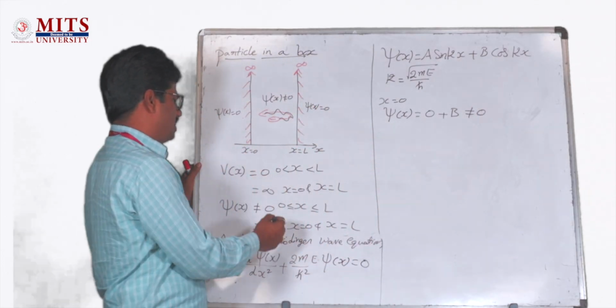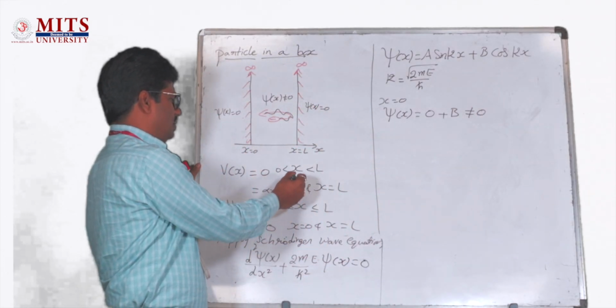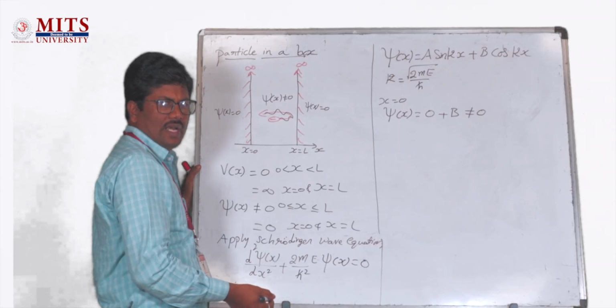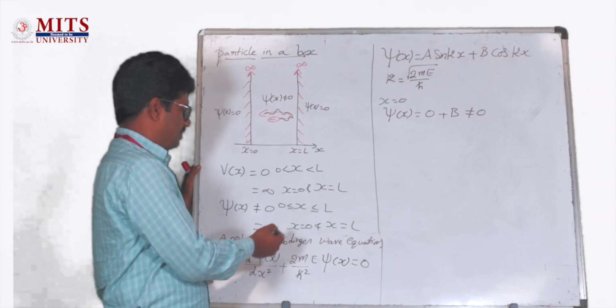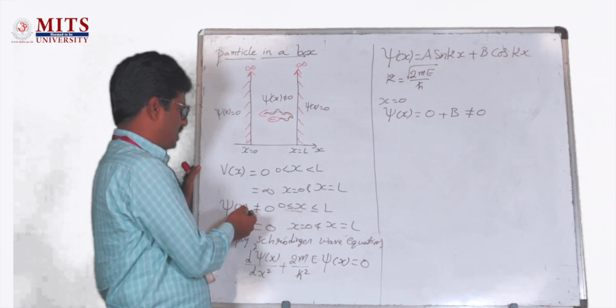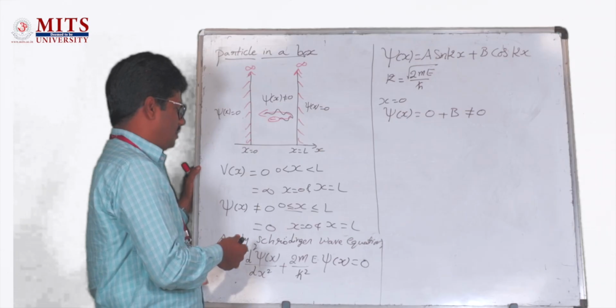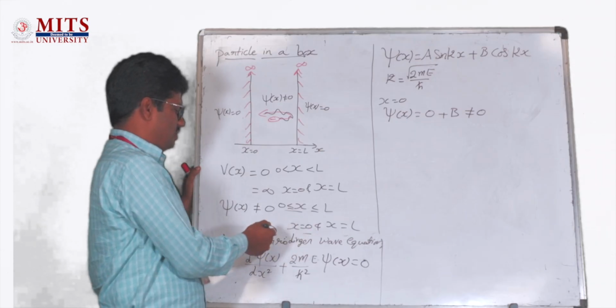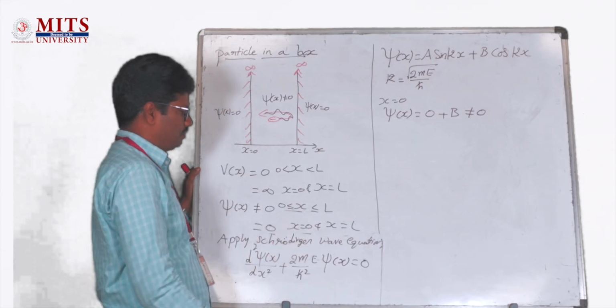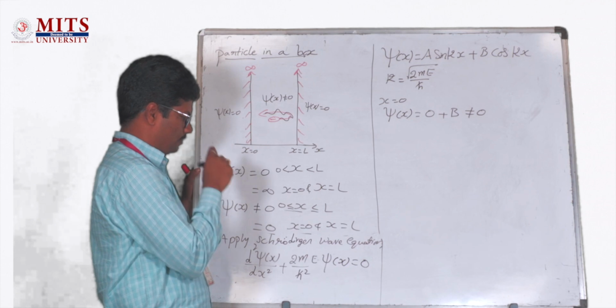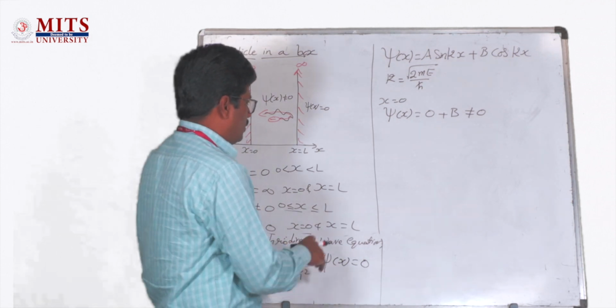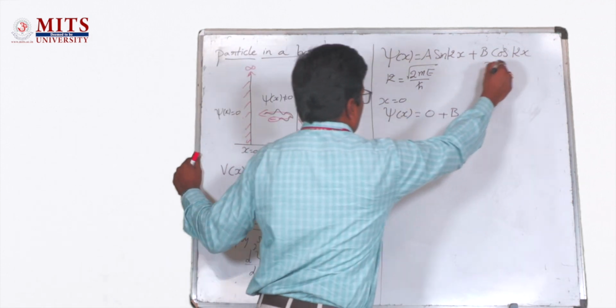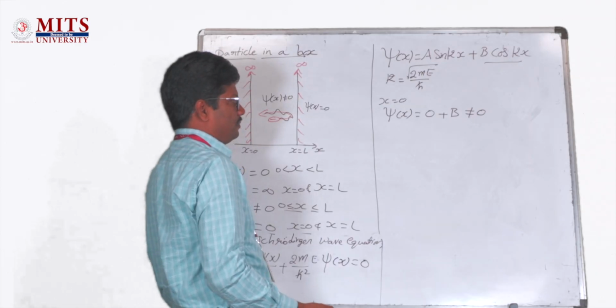So it is not valid for this boundary condition. At x equal to 0, psi of x should be 0, but it is coming as not equal to 0. That's why this is not appropriate for this problem.